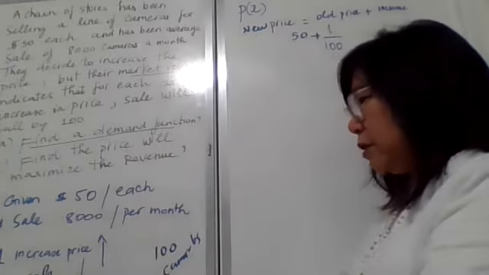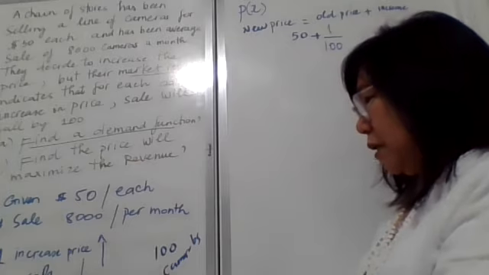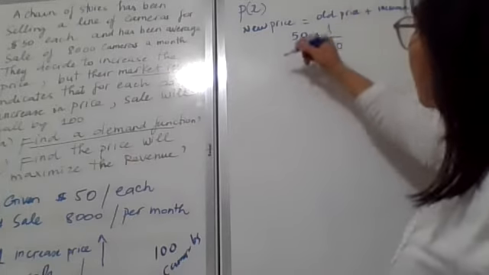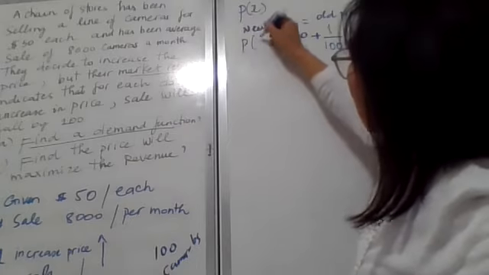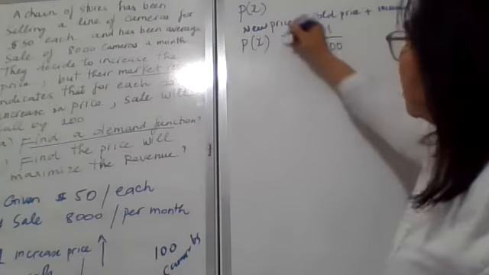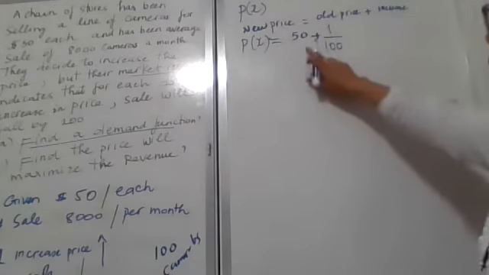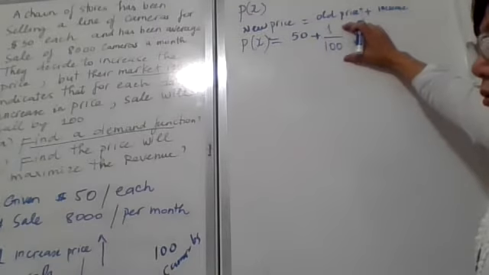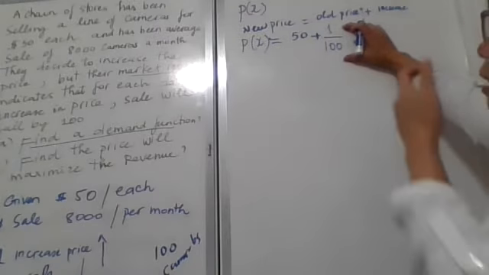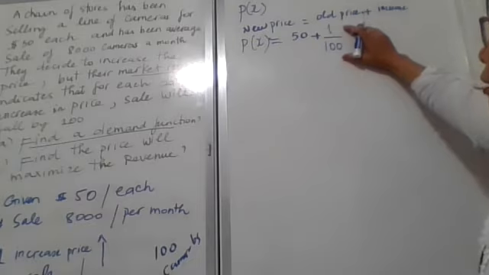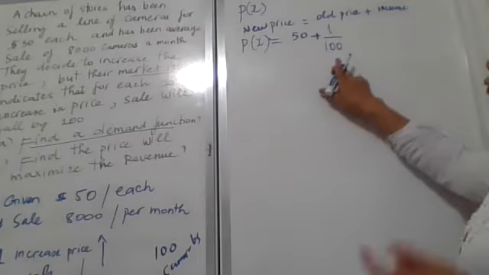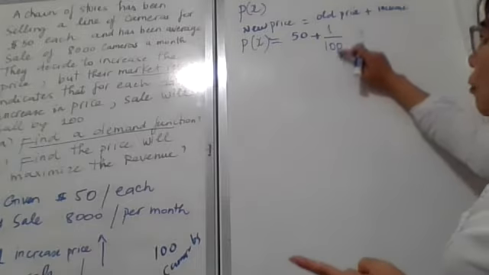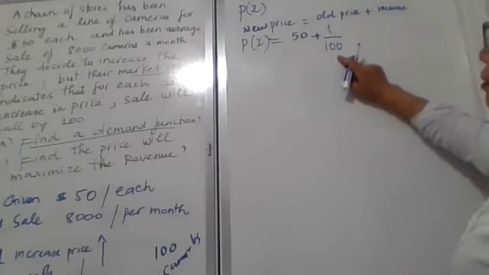So the rate of increasing for each camera is just 1 out of 100. That's the rate of increasing. For every 100 cameras, they increase by $1. So to find for one camera how much it increased, it has to be 1 over 100.